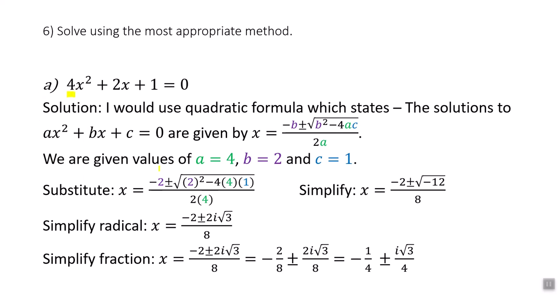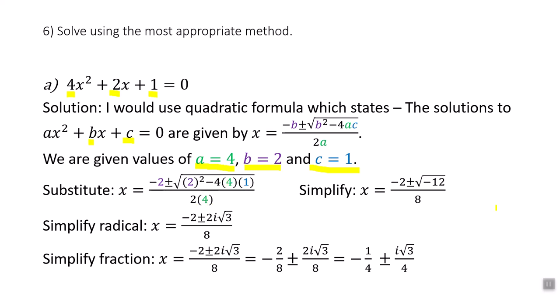The 4x squared, a equals 4. 2x, the coefficient of x, that's our b value, is 2. And our c value is the constant. The constant is 1. Okay, so using those colors, substituting in the formula, we have x equals negative 2 plus or minus the square root of 2 squared minus 4 times 2 times 1 all over 2 times 4.